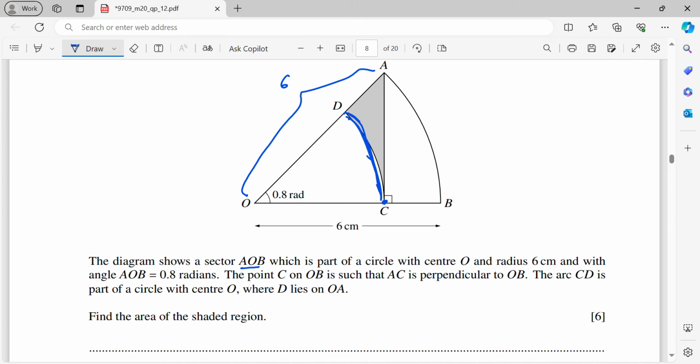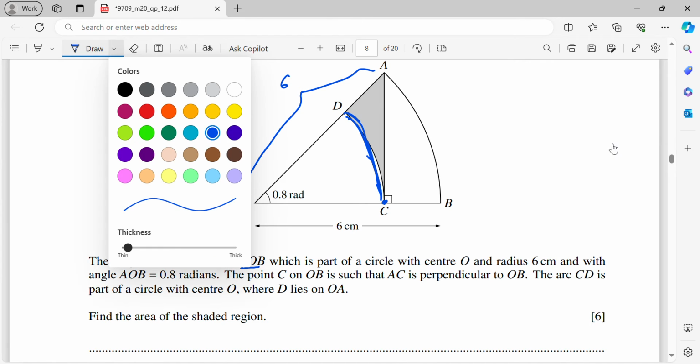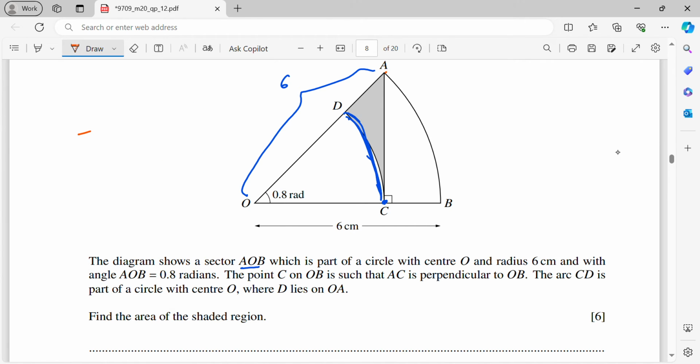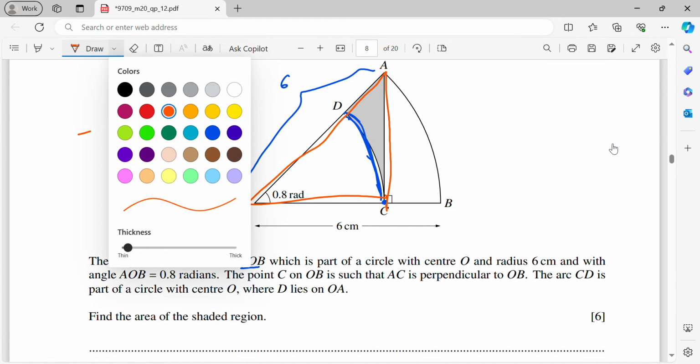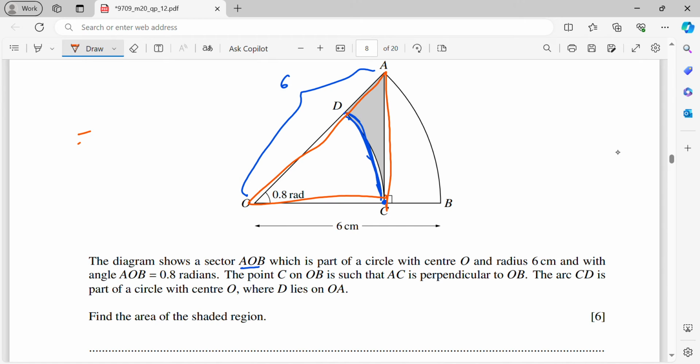Now, find the area of the shaded region. First of all, the area of the shaded region, I would say, is the area of the triangle minus the area of the sector DOC.